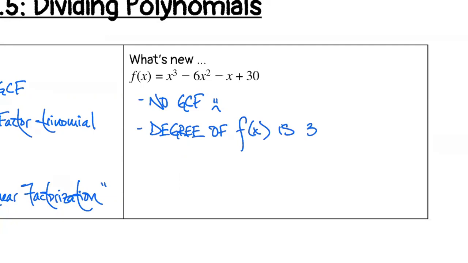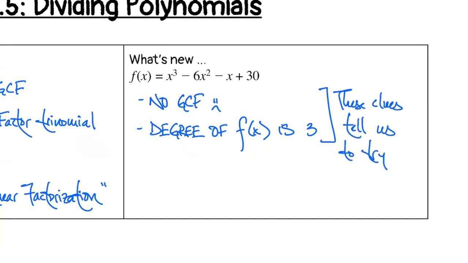And so these two things, there's no greatest common factor and the degree of f of x is 3, are really good hints. So these clues tell us to try division.